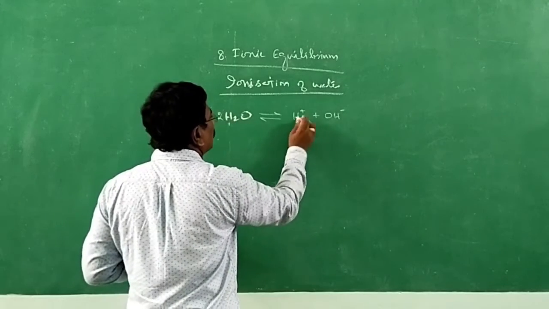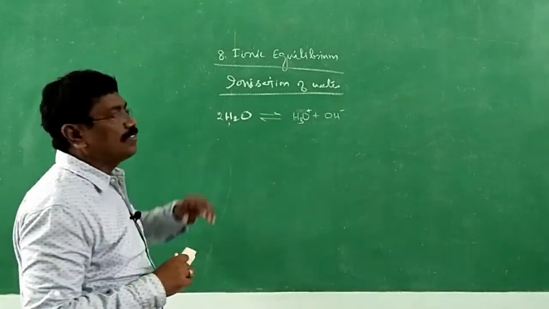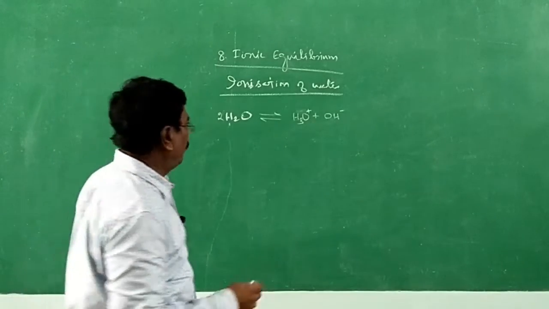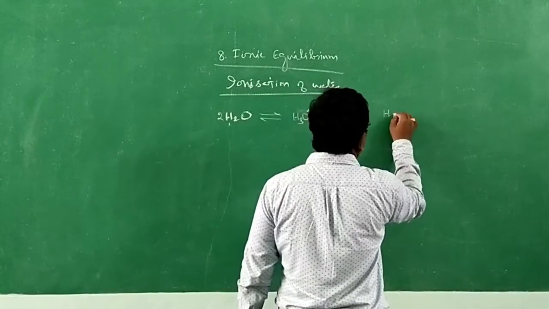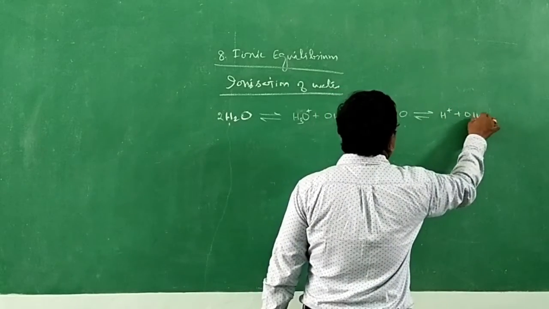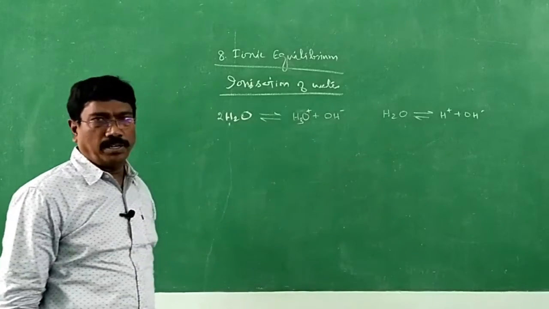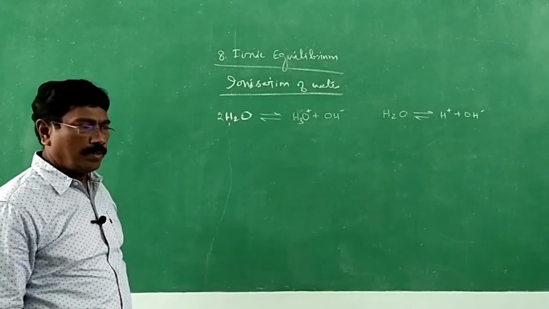One H2O will become H3O plus. Nothing wrong in writing the equation like this. Both are correct only. If I write in terms of only H plus, I can write H plus and OH minus, this is correct only. This is also correct because hydrogen ion exists in the form of hydronium ion. I have added one more water molecule.